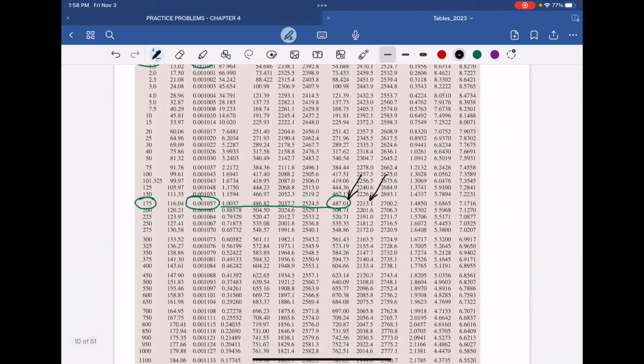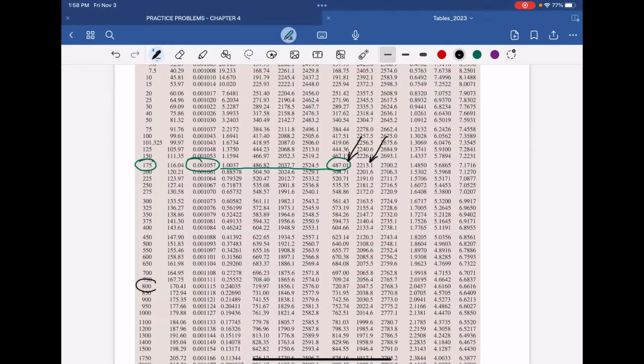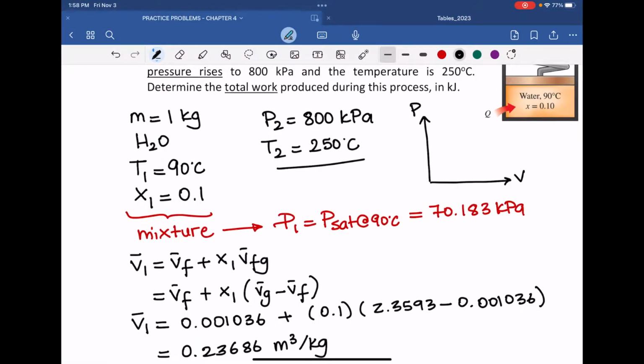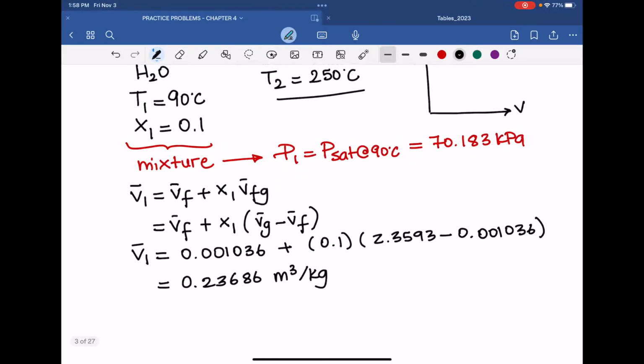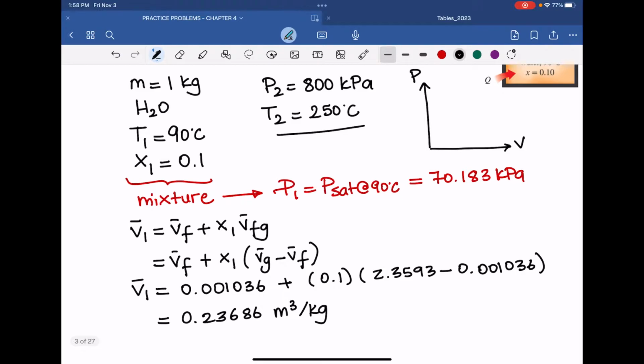The saturation temperature is 170.41, but our temperature is 250, which is way above that. So the boiling already started and now we have superheated water.